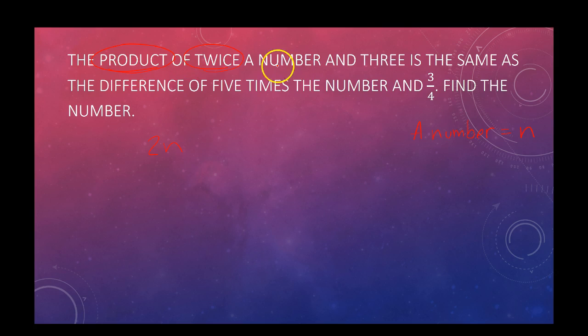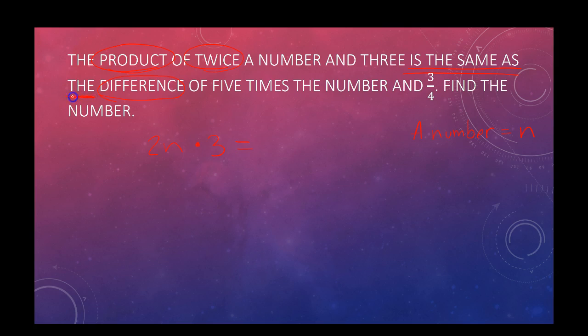So product of twice a number and 3, so that's times 3, is the same as, clue word for equals, the difference of 5 times the number and 3/4. So difference tells me to subtract.